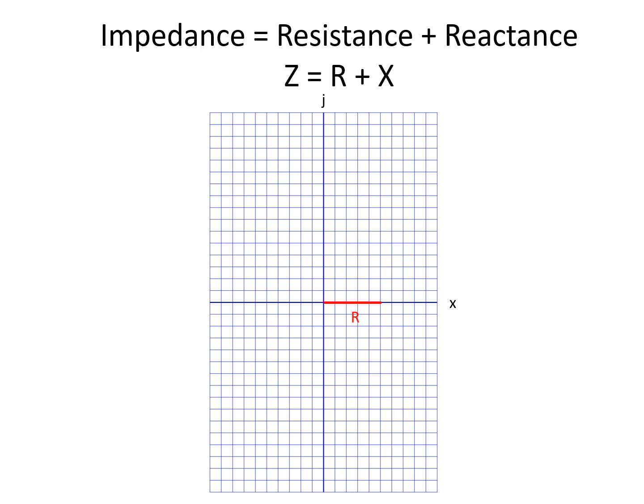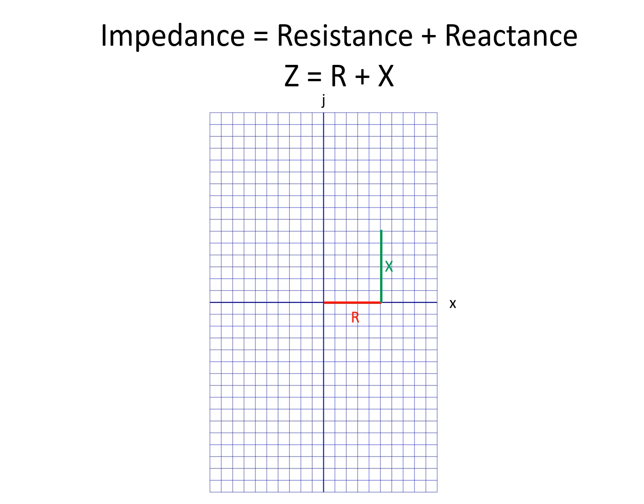In this case, we have a 1, 2, 3, 4, 5 ohm resistor, and we're going to represent that 5 ohm resistor as 5 units here. And then we're going to plot the reactance, which in this case is an inductive reactance because it's positive, and this reactance is 1, 2, 3, 4, 5, 6 ohms.